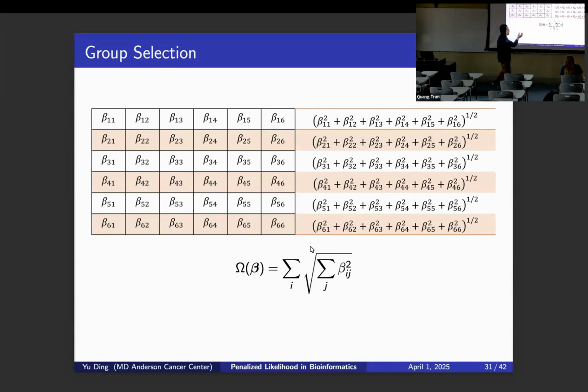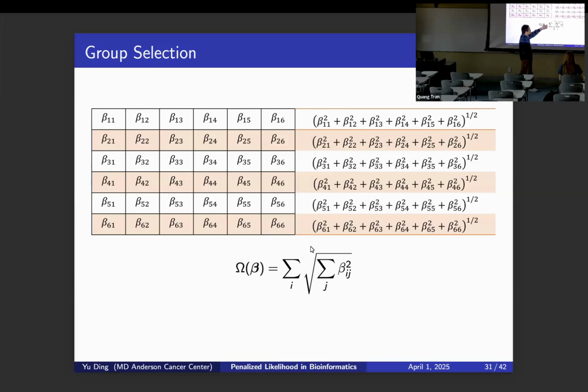Then how can we do this if we treat different rows as different groups, and we only want to select row by row, not individual parameters? I would like to pursue a result that tells me which row shall be selected instead of which specific parameter shall be selected. Okay, this is the so-called L21 norm. Basically, we first package each row into a value, just like this.